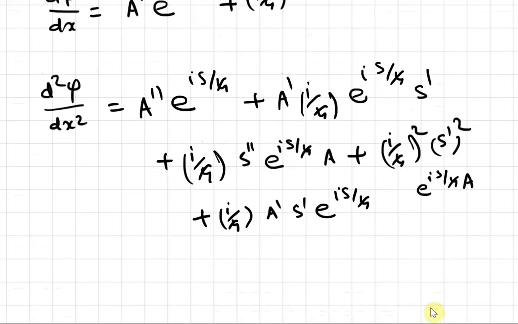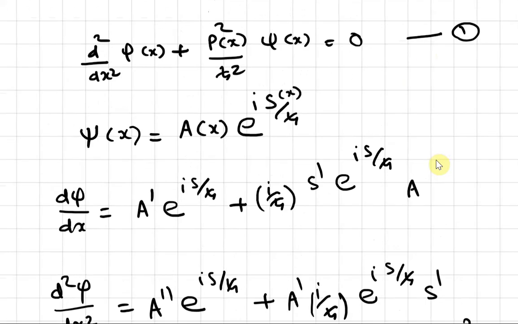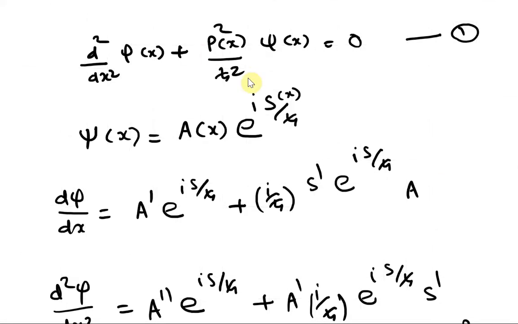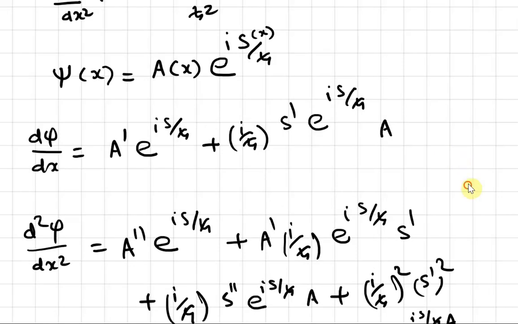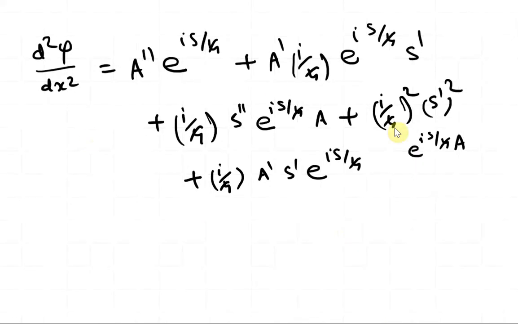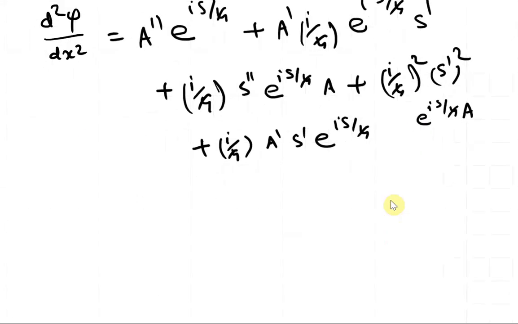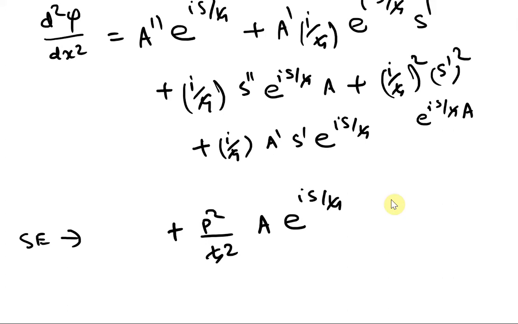Now what else is there in our Schrodinger equation? P square by h cross square psi of x. So Schrodinger equation is nothing but adding plus p square by h cross square into psi of x. Psi of x means nothing but A e raised to iS by h cross.